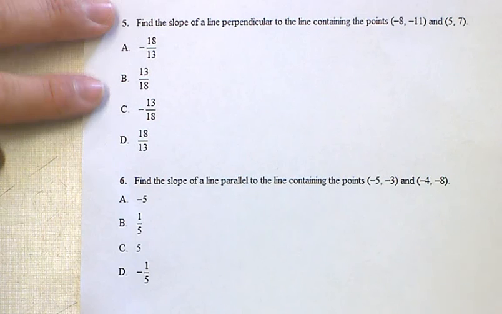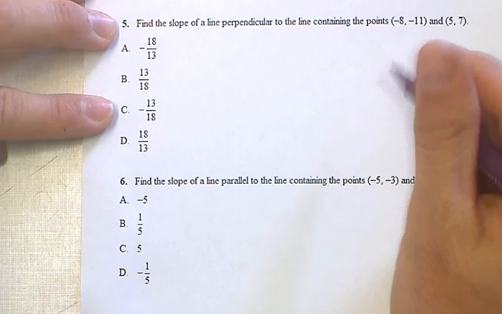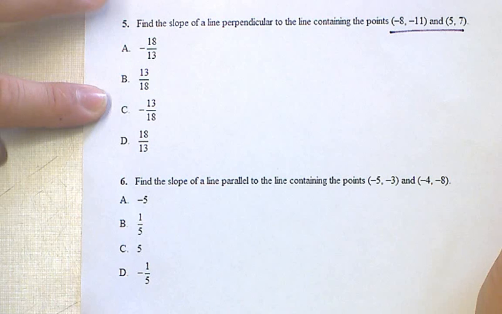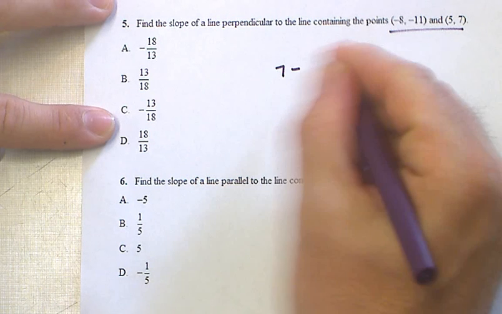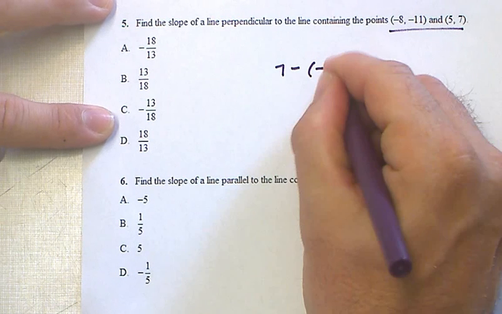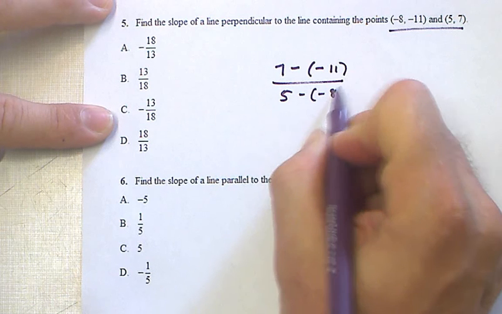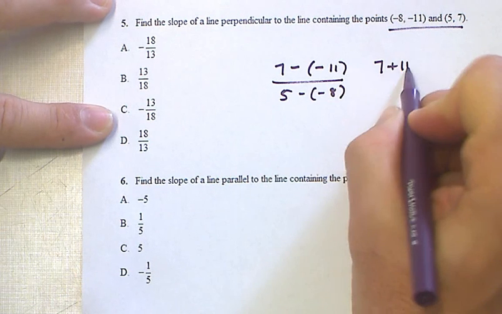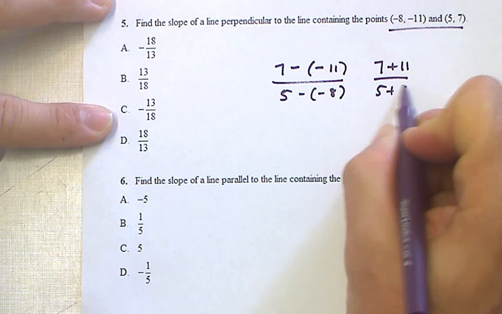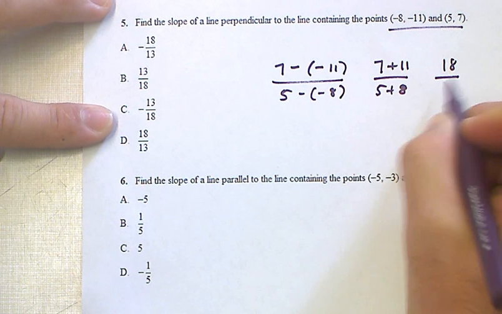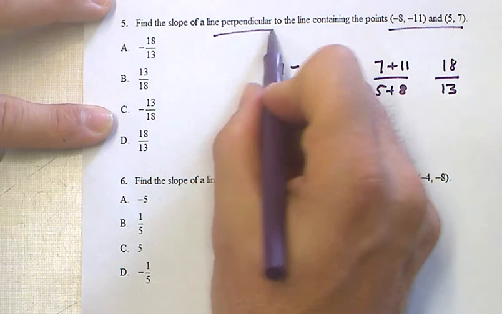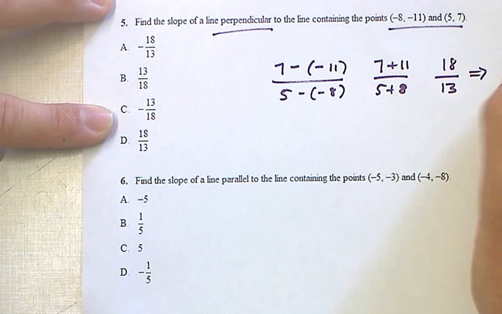They may just give you a question where they ask you to find a perpendicular line to a set of coordinates. All that is just, again, using your y2 minus y1 slope formula. 7 plus 11, 5 plus 8, 18 over 13, and it's saying perpendicular, so I want to flip and change the sign.